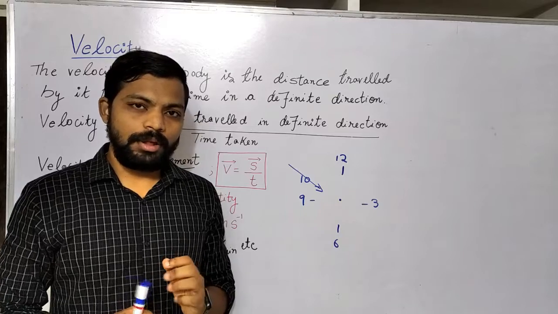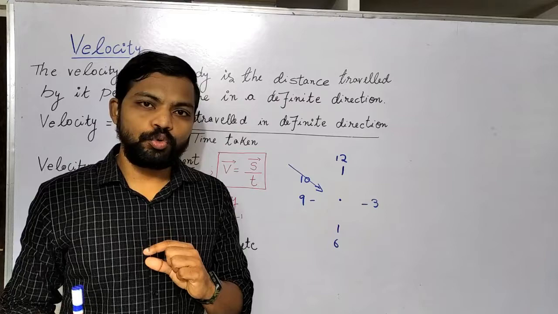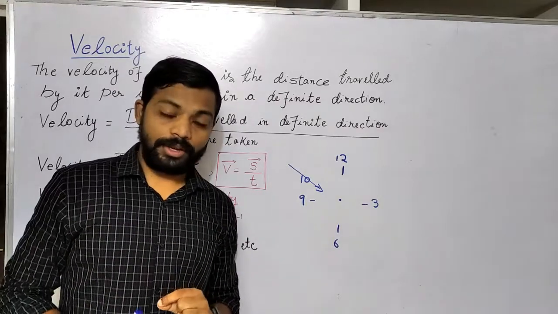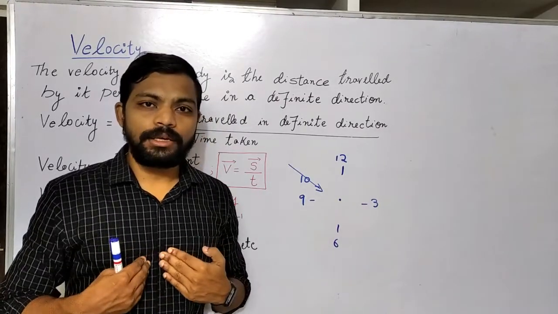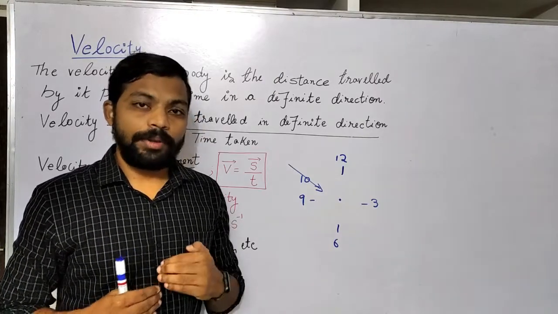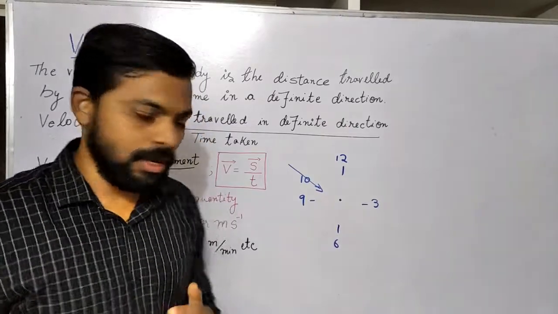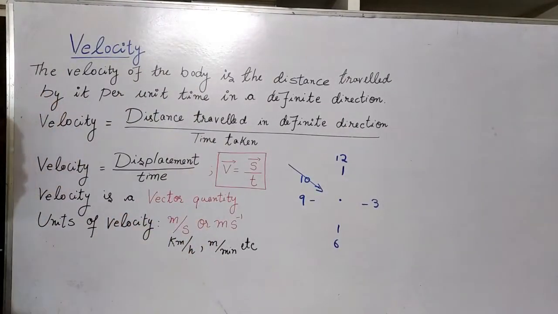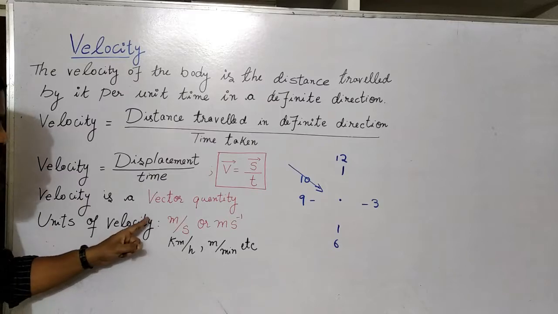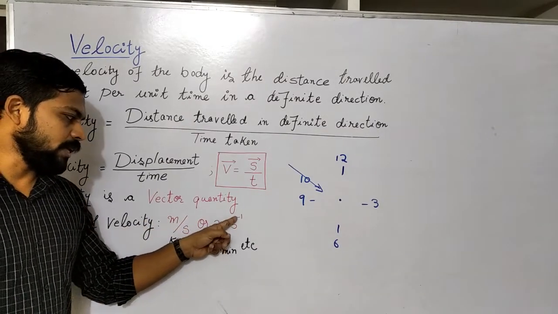For example, a car is traveling 50 km per hour due north. That is velocity. If I say only 50 km per hour, it is speed. If I mention the direction also, then it becomes velocity. Since it has direction, we call it a vector quantity. Units will be the same as speed, that is meter per second or meter second inverse.